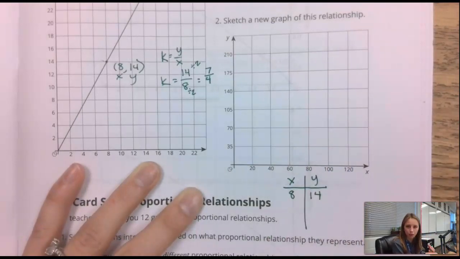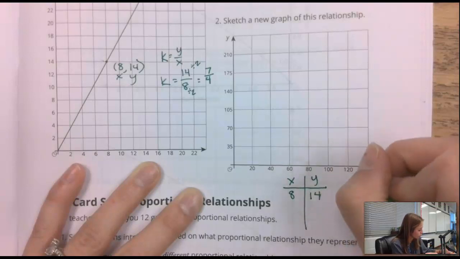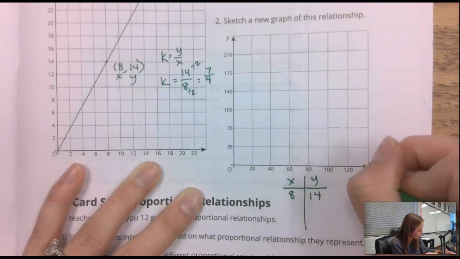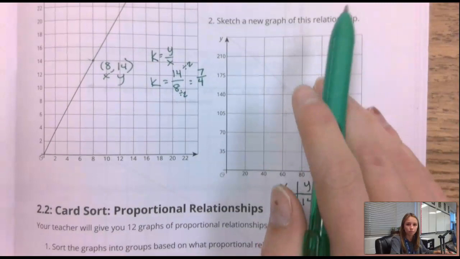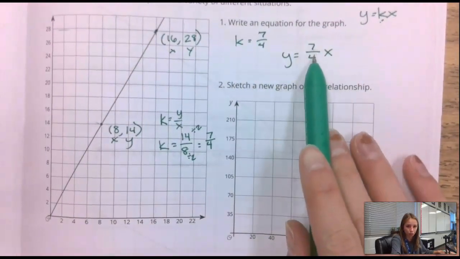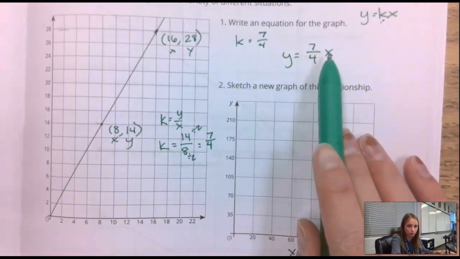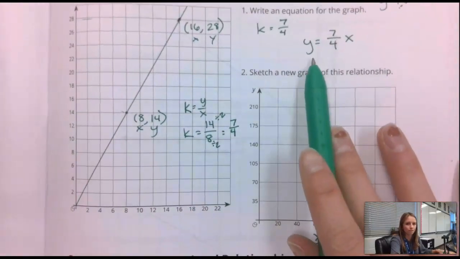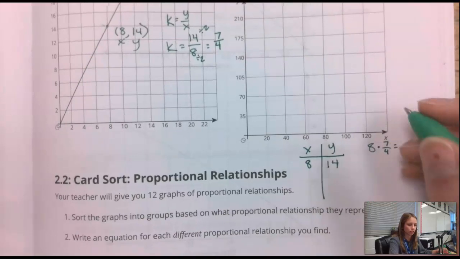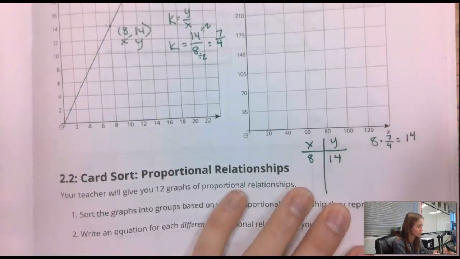Now how did we end up with 14? Well, we took 8 and multiplied that by our constant of proportionality to get our y. So our constant times our x equals our y. So that gave us 14.